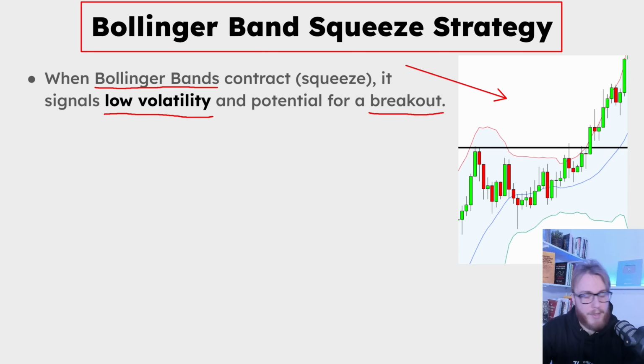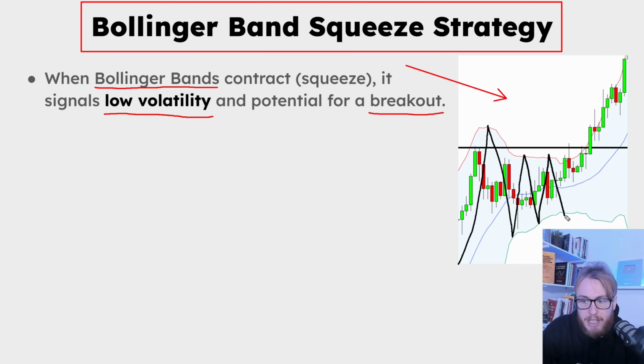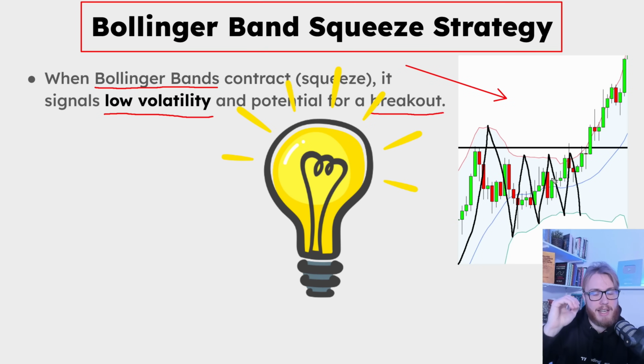So as you guys can see on this image right here, we can first of all see that in the beginning we have a very wide band, and this indicates high volatility. But as the price goes on, we can see that the bands are contracting and contracting. And this right here is a first sign that you can look out for a breakout.